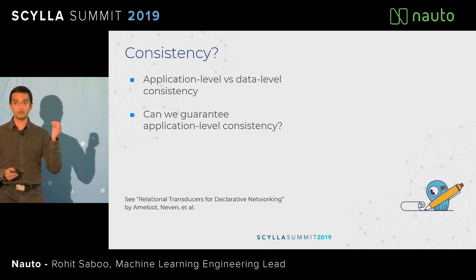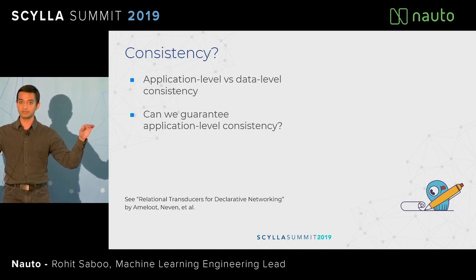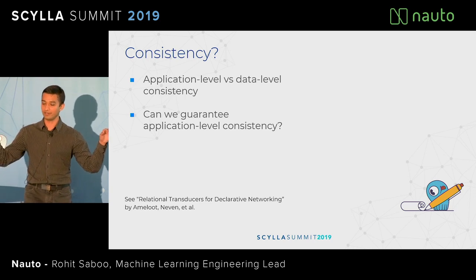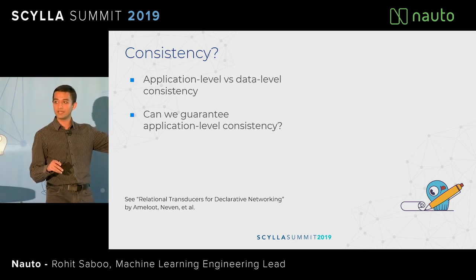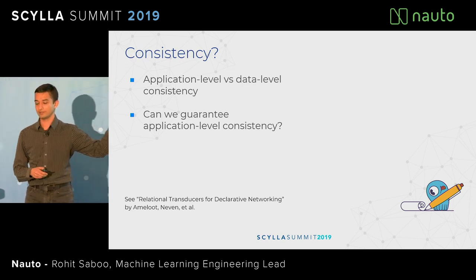So the answer to that question is, what kind of consistency do you need? Do you need consistency on your data layer, or do you need consistency in your application layer? Do those duplicate trip segments actually matter to you or not, effectively?